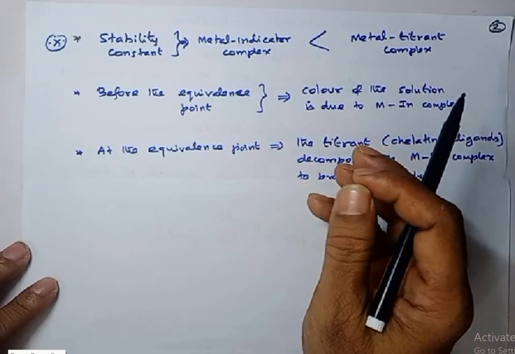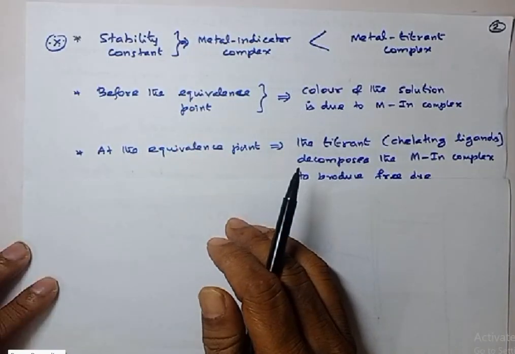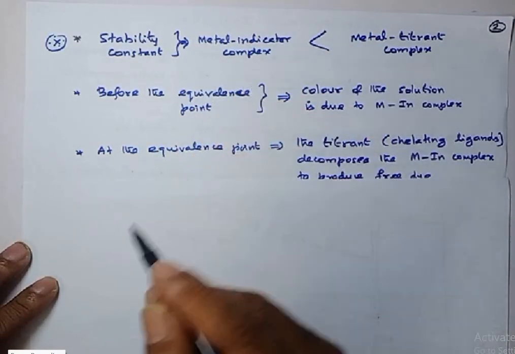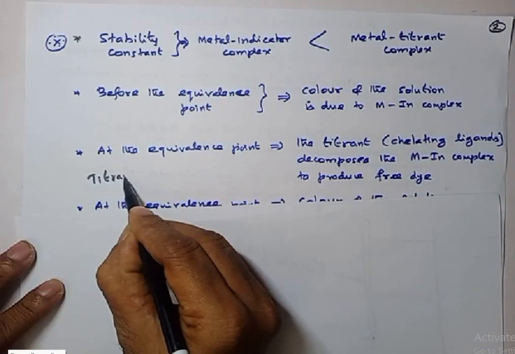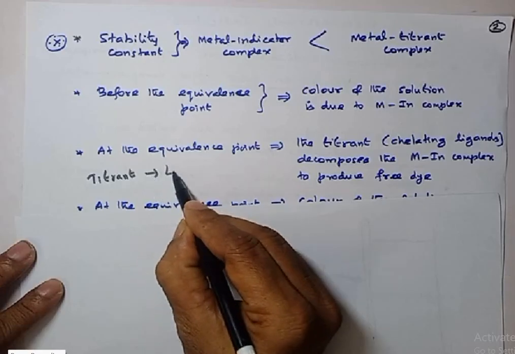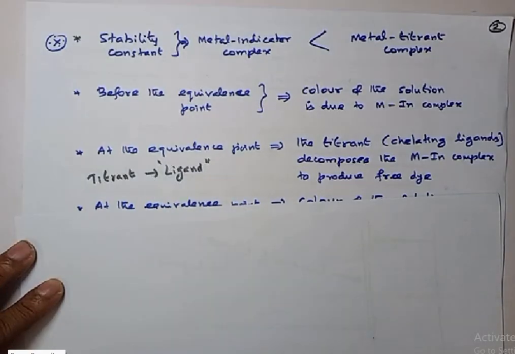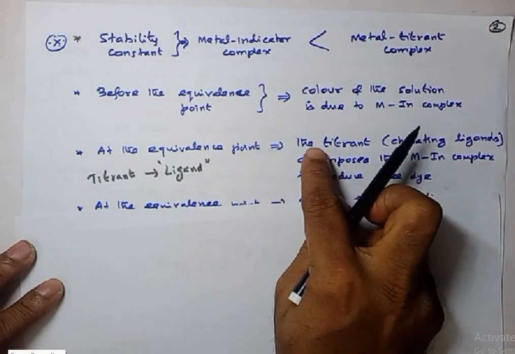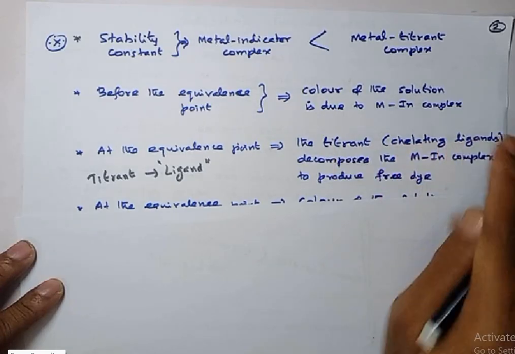The titrant molecules decompose the metal indicator complex. In complexometric titration, titrant is usually the ligand. Titrants are usually chelating ligands. What is chelating ligand? We'll discuss.